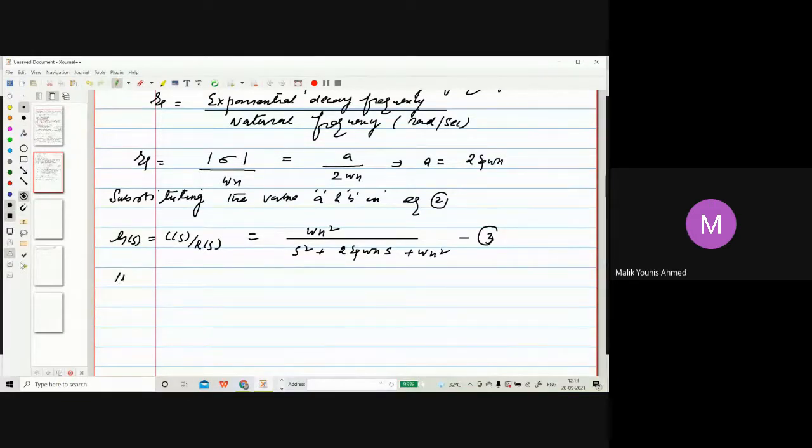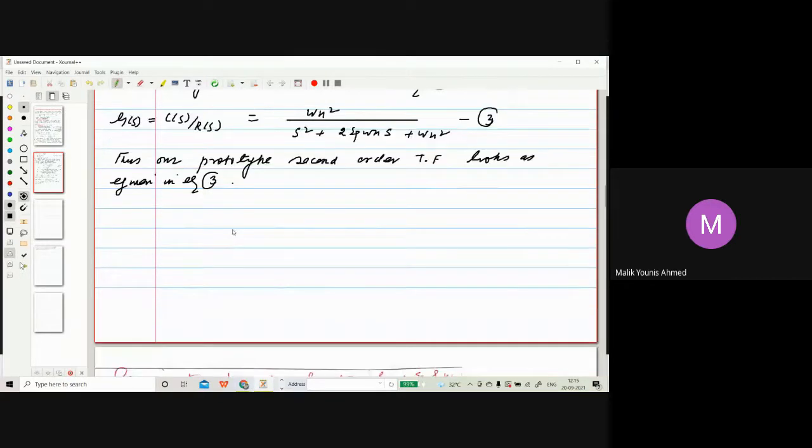Thus, our prototype second order transfer function looks as given in equation 3. Our next task is to represent this transfer function in a block diagram.